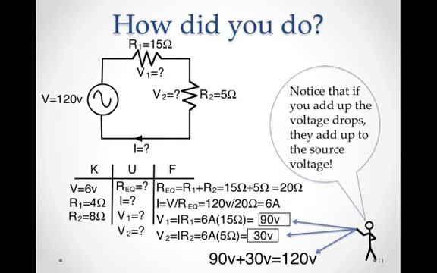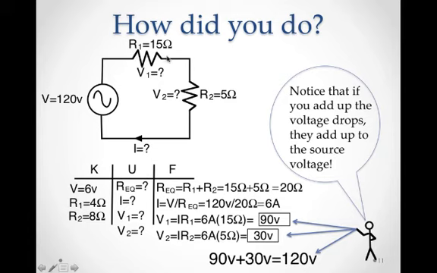Let's see how you did. You have a 120 volt source and you have these two resistors. So the first step would be to find the current. And we know that I is equal to V divided by R. But this is a total voltage and a total resistance because we just have the one path for current to flow. So 120 volts divided by 20 ohms when you add the two resistors together gives us 6 amperes flowing.